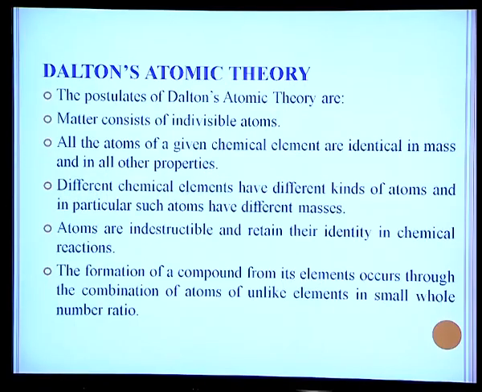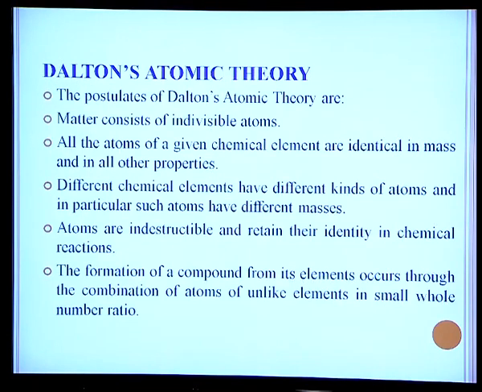Now Dalton's atomic theory, which is important because in the beginning Dalton gave the atomic theory. The postulates of Dalton's atomic theory are: number 1, matter consists of individual atoms. All the atoms of a given chemical element are identical in mass and in all other properties.